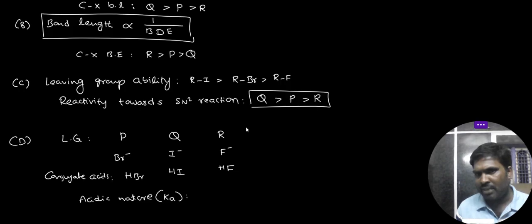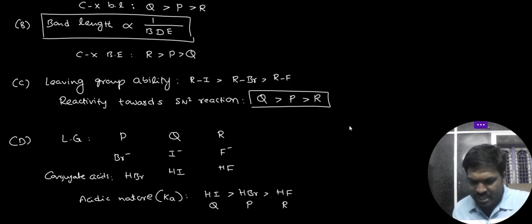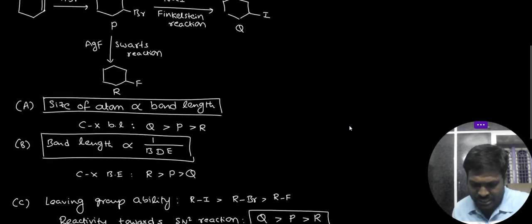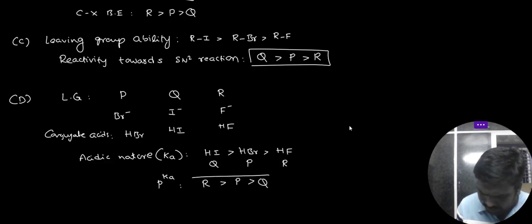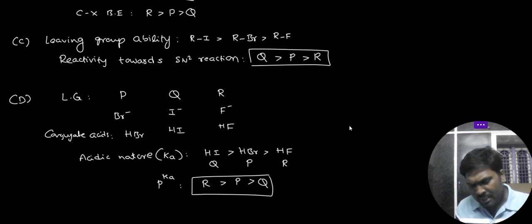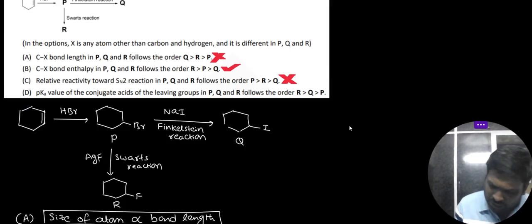So the order is HI greater than HBr greater than HF, that is, Q, P, R. Ka and pKa are inversely proportional, so the pKa order is the reverse: R greater than P greater than Q. But here R, Q, P is given, so this is also a wrong statement.